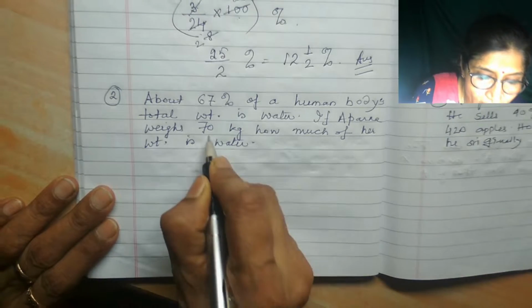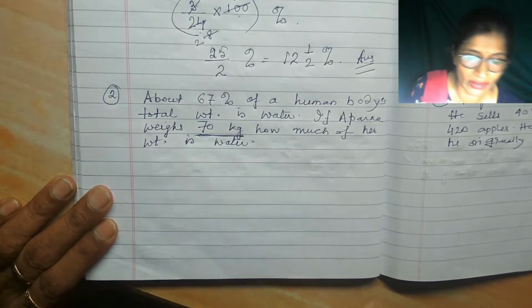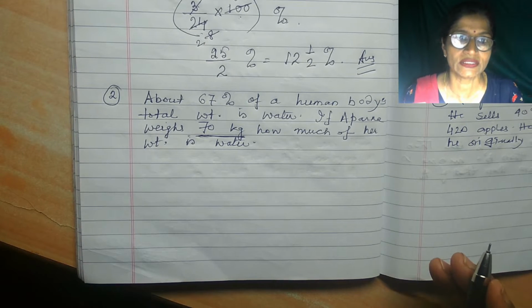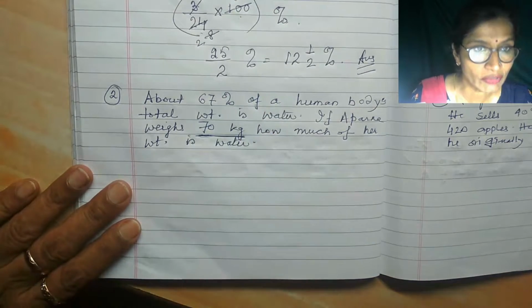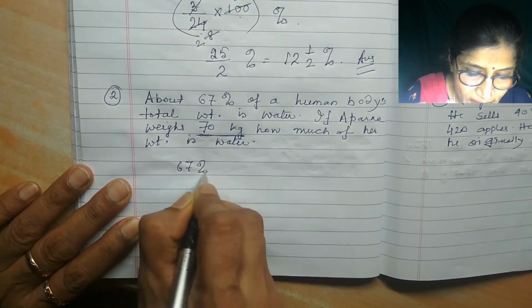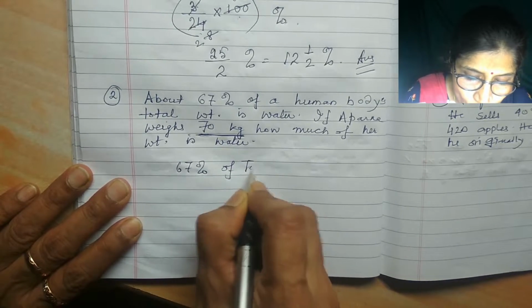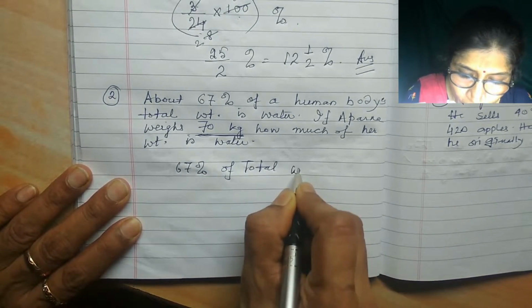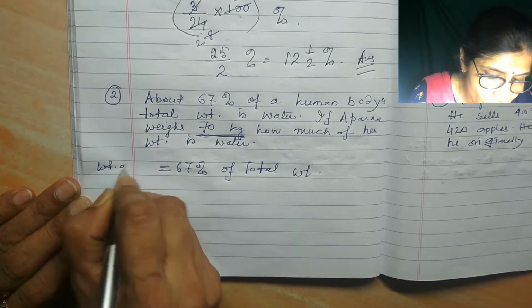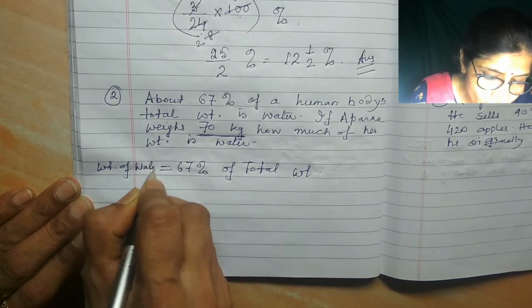And if total weight is this much, what is the weight of water? Not in terms of percentage, in terms of weight, in terms of value. So it's okay. We know that 67% of total weight of human body is equal to the weight of water present within the body.